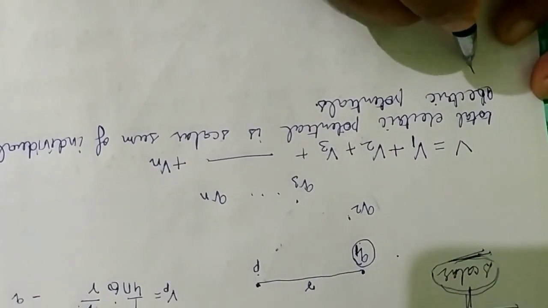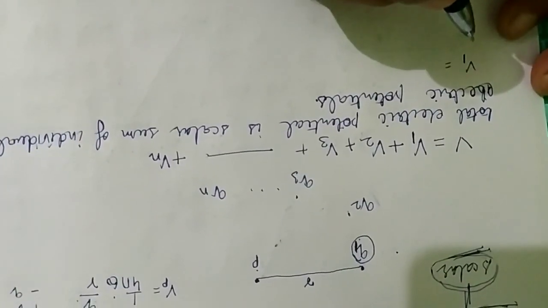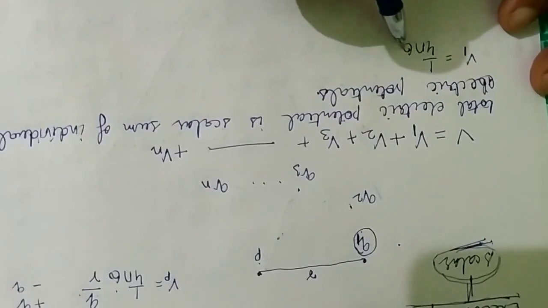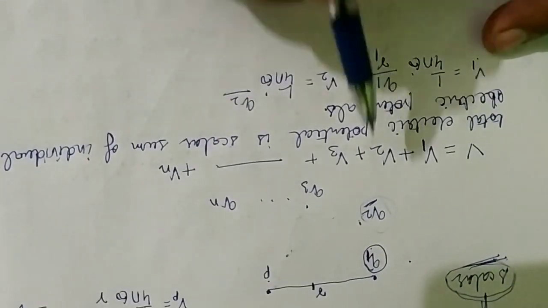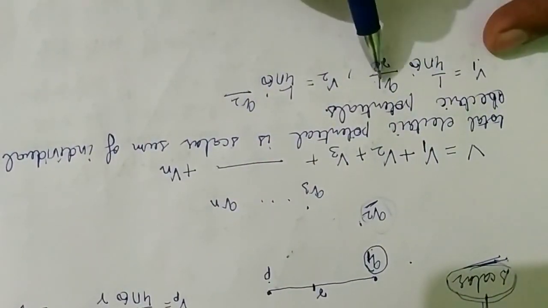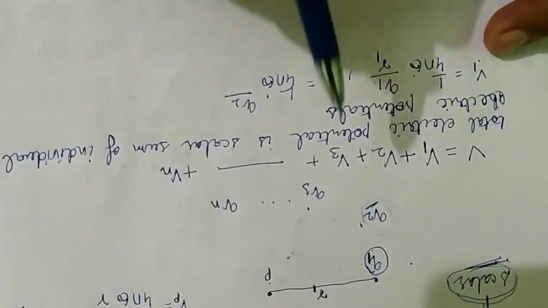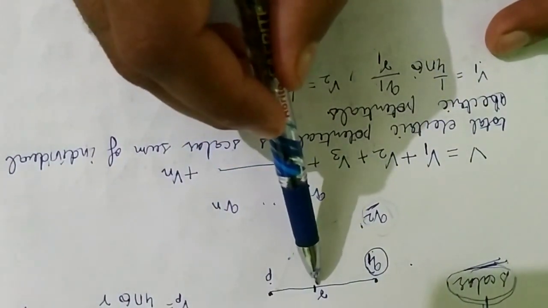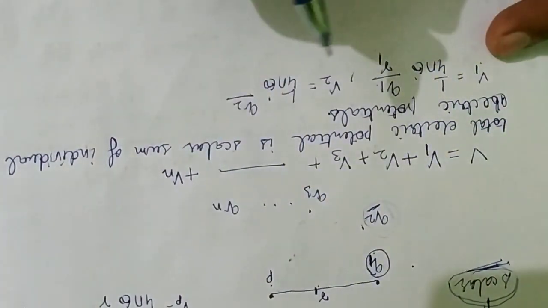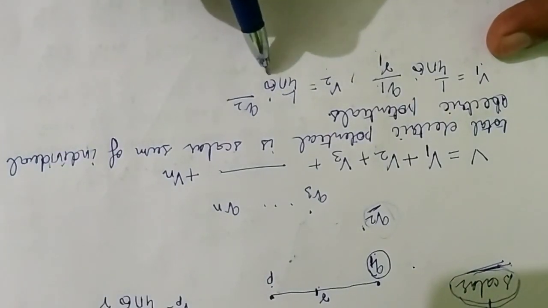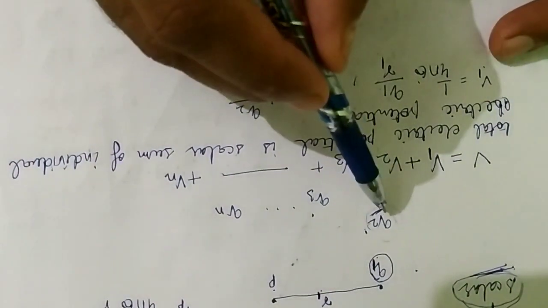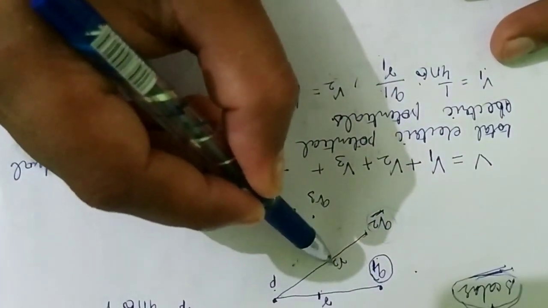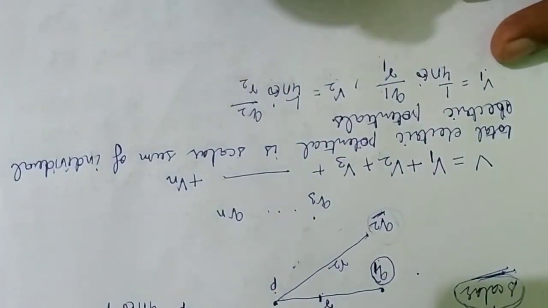We know the electric potential due to the first charge. From the formula, V1 is 1 upon 4 pi epsilon naught, charge Q1, divided by the distance of the charge from the point of observation, which I take as R1. Now V2 is 1 upon 4 pi epsilon naught, second charge Q2, divided by the distance R2.